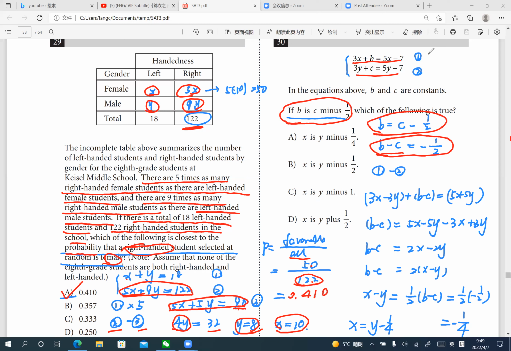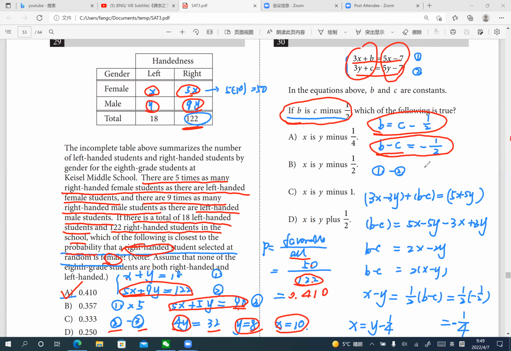We should be able to recognize that if we subtract 2 from 1, we can have b minus c. So we subtract the second equation from the first equation. We get the left side 3x minus 3y plus b minus c, and the right side is 5x minus 5y.